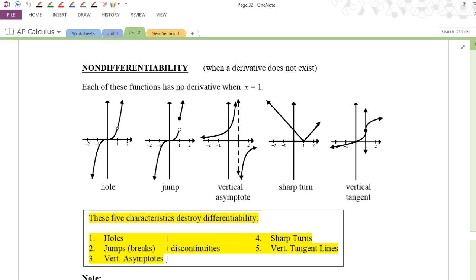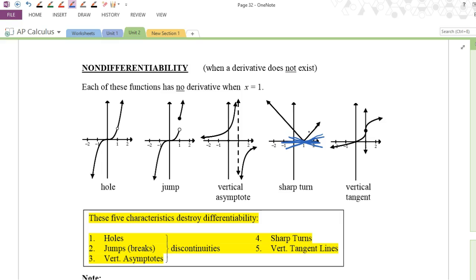The other 2 are a little bit different. At a sharp turn, very interesting. Think about it: the tangent line is finding the slope and it only intersects at one spot. At a sharp turn, you could say this could technically be tangent, or this could be tangent. There are too many potential tangent equations, and that's why they cut sharp turns out.